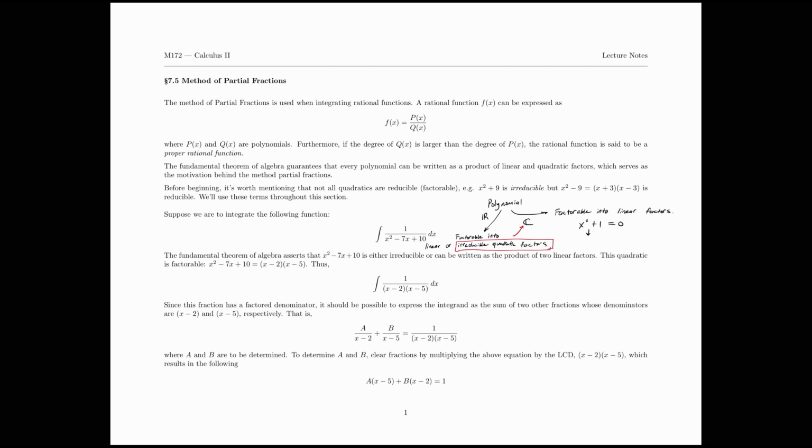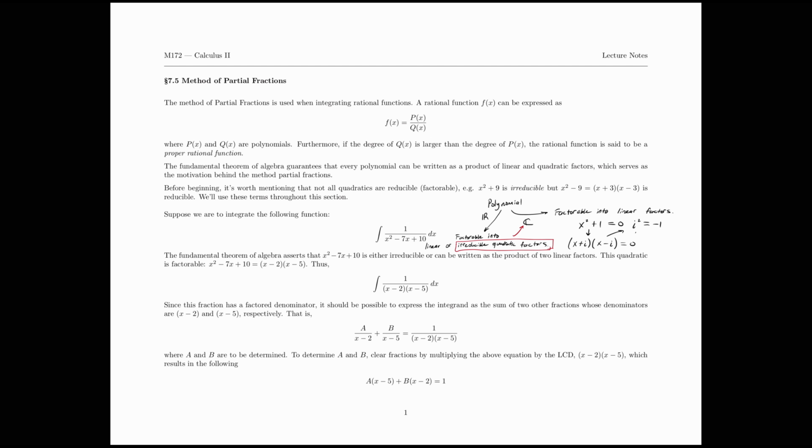This doesn't factor. So this would be an example of something that is an irreducible quadratic. But if we allow complex roots, then this does factor into x plus i and x minus i. And you could FOIL this out and check. So again, i squared is equal to -1.